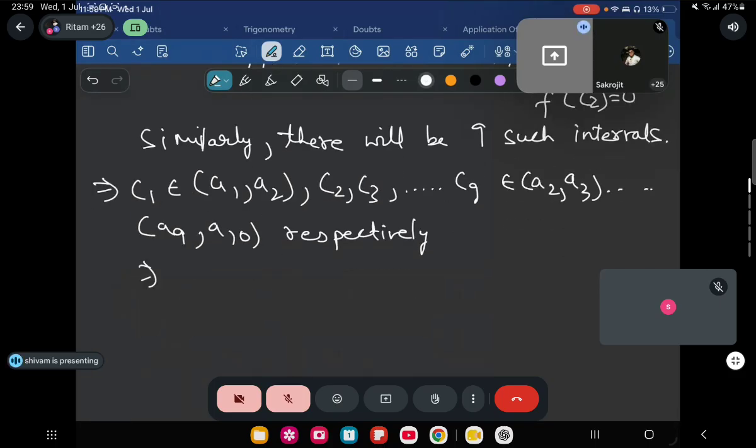This implies there will be 9 roots of f dash x. Next, everyone.